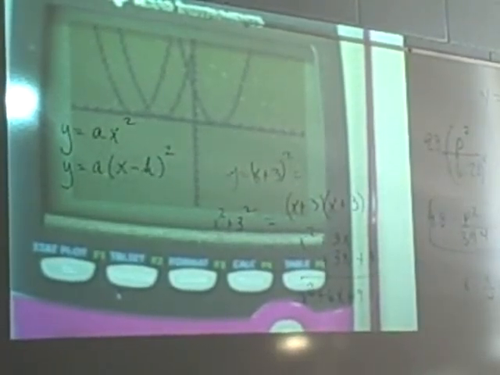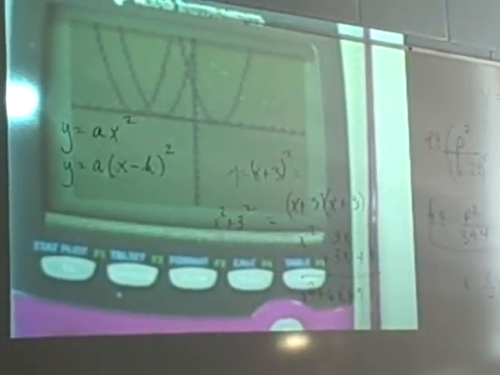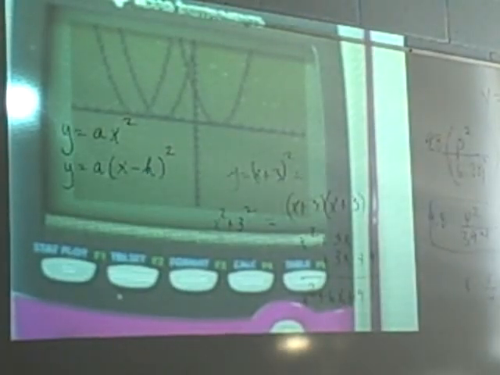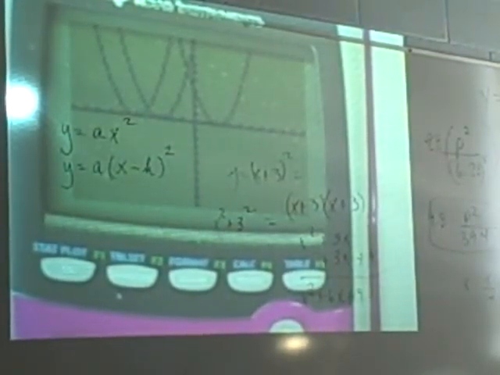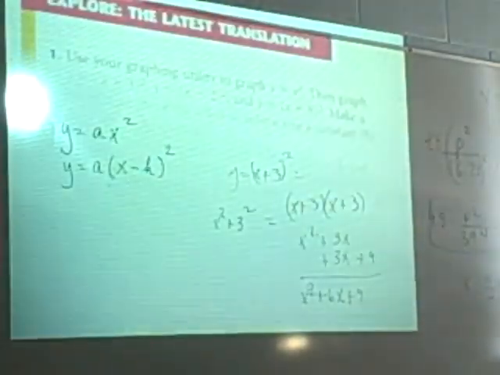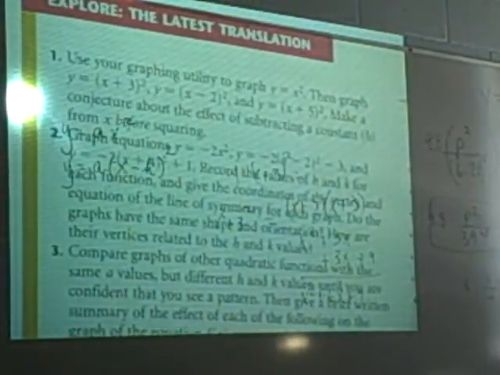Or it could be horizontal, absolutely. So our h controls the movement on the horizontal, and the k is going to represent the up and down movement.